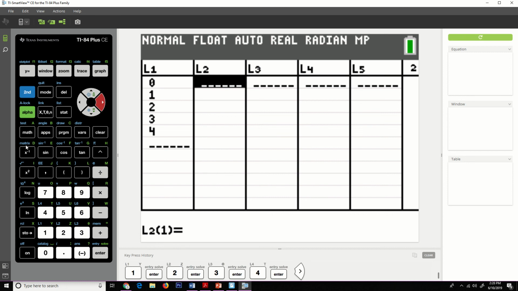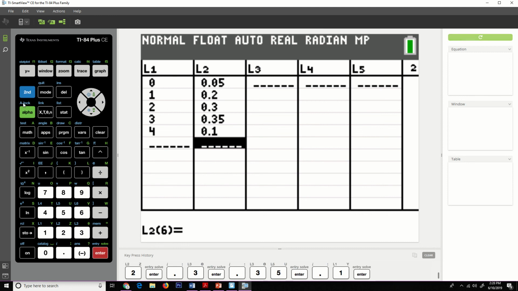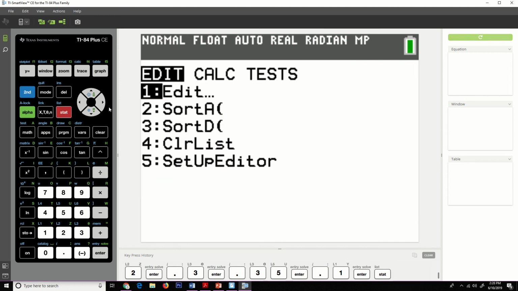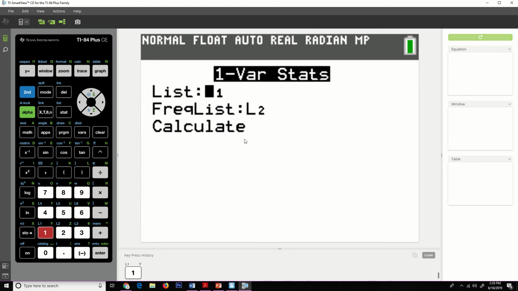And then if we go over to the second list and put 0.05, 0.2, 0.3, 0.35, and then 0.1 there. And we go stat, we go over to calculate, we do one variable stats. Now, the default position is not to have a frequency list.